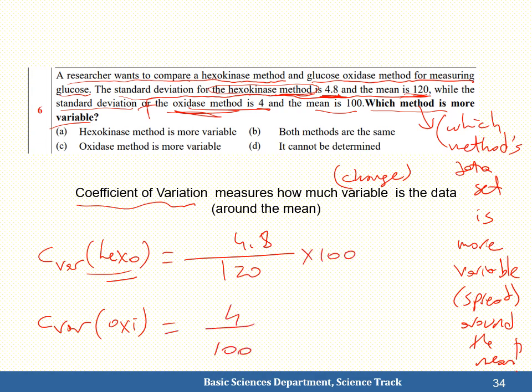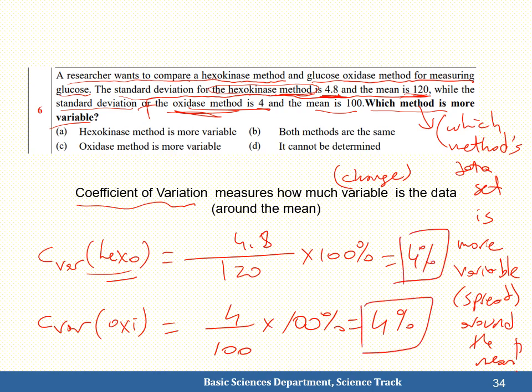You multiply by 100 to change it to a percentage, and you get 4% and 4%. So the variability of these two data sets is the same. They have the same variability.